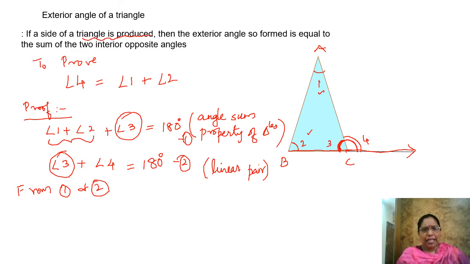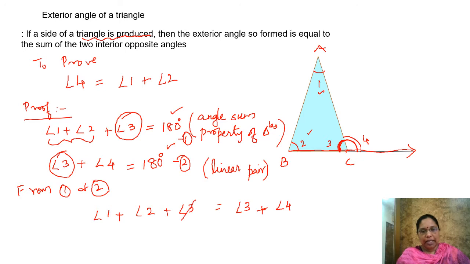Angle 1 plus angle 2 plus angle 3 is equal to 180, and angle 3 plus angle 4 is equal to 180. Right hand sides are equal, so the left hand sides should be equal. That is angle 1 plus angle 2 plus angle 3 should be equal to angle 3 plus angle 4. Have you understood?